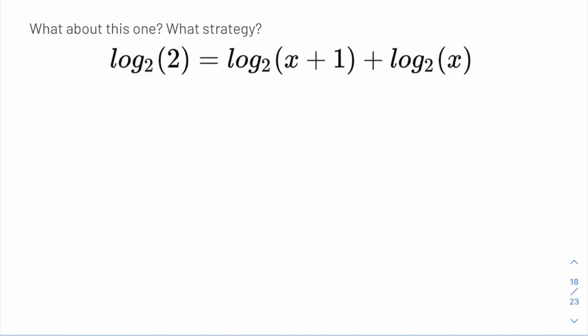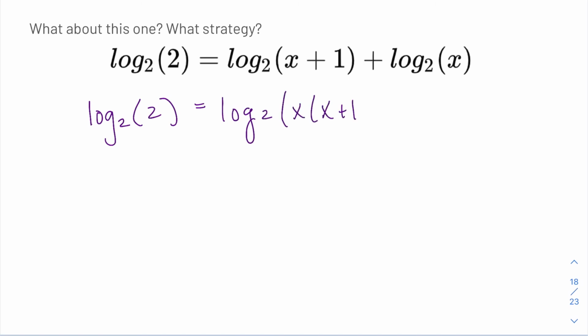But if every term has a log, you're able to condense it down to log equal to log. And the only condensing we need to do here is this addition, which can be condensed to multiplication. Now we have a single log on both sides, so we can set the arguments equal.